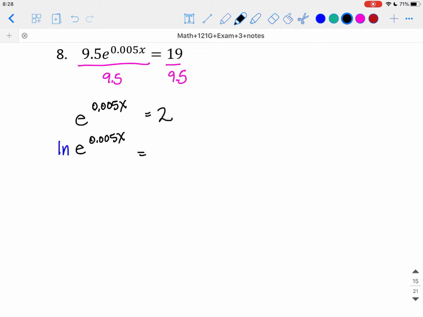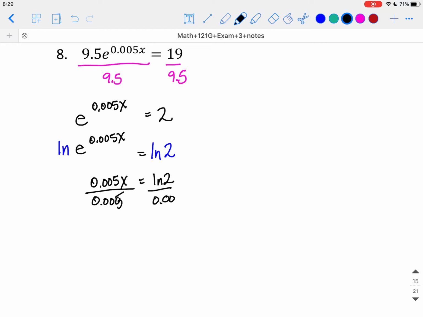So we're going to take the ln of both sides. ln of e to the 0.005x is equal to the ln of 2. And again, ln and e are inverses of each other, or you can say e to what power gives you e to the 0.005x? Well, it is 0.005x. So 0.005x is equal to the ln of 2.